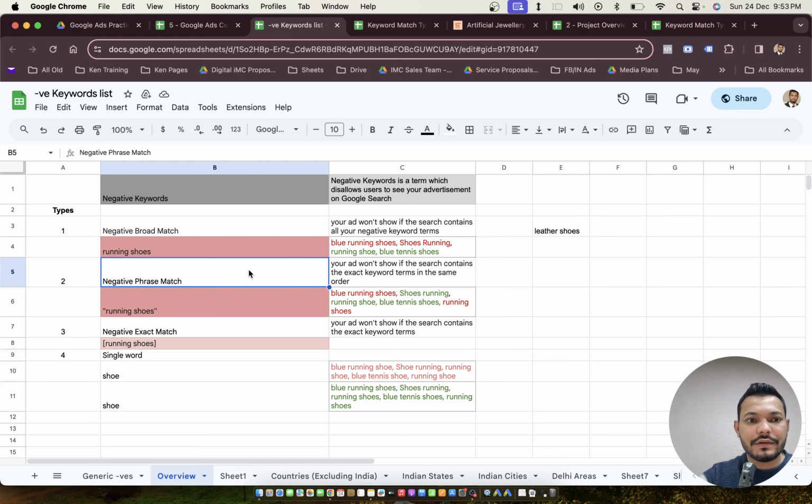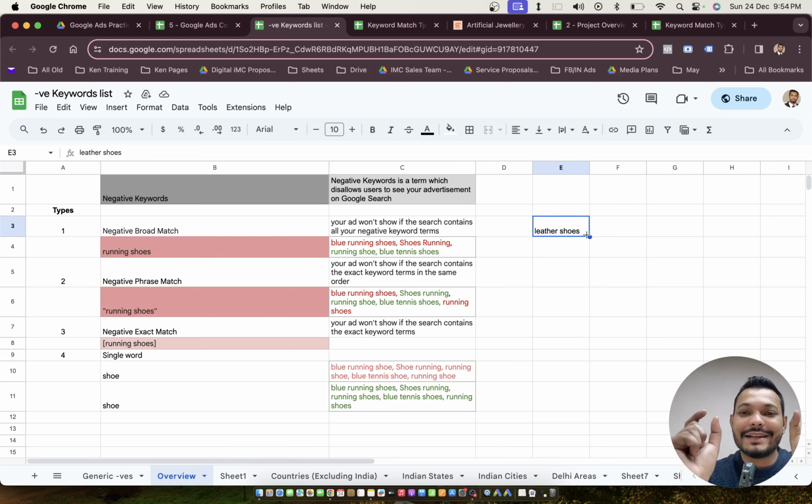Then we have negative phrase. Negative phrase is also quite similar, but it blocks the ad when the terms leather shoes are available together as a phrase in the search query. If someone types buy leather shoes today, then your ads will be blocked. People hardly use negative phrase match.